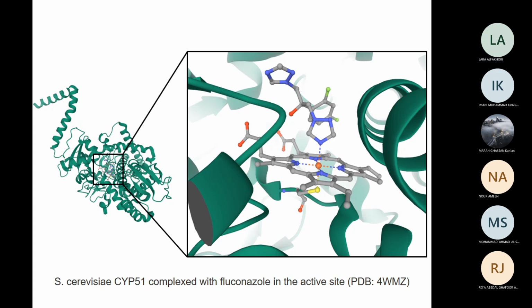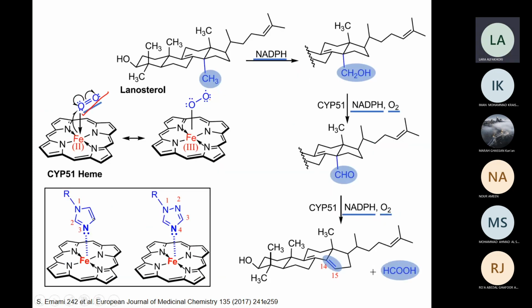All right? Now, for sure, one of them is the one that will coordinate with the iron in the heme, which will prevent any lanosterol from binding to 14 alpha demethylase, or eventually it will inhibit the synthesis of ergosterol.